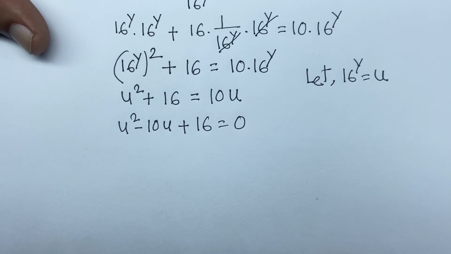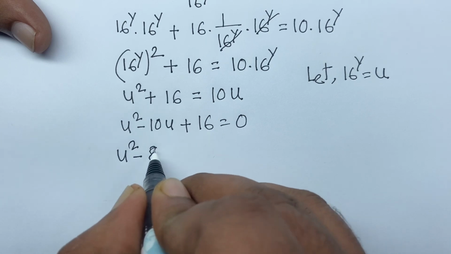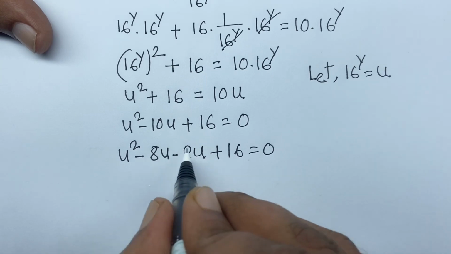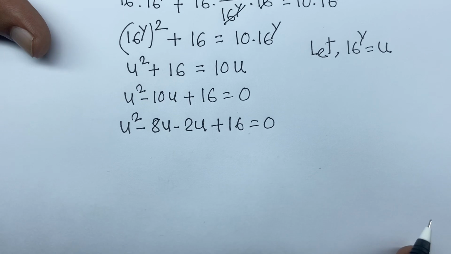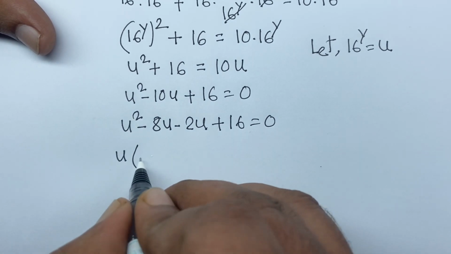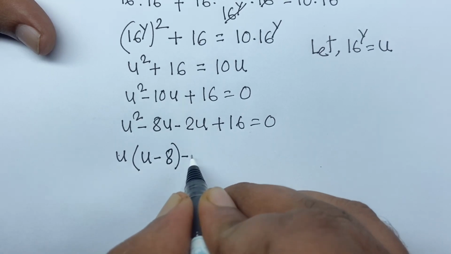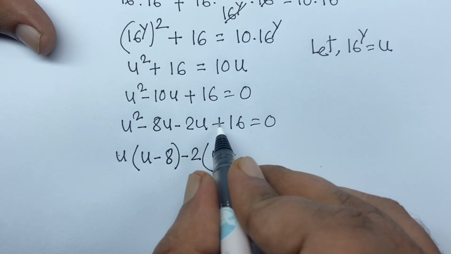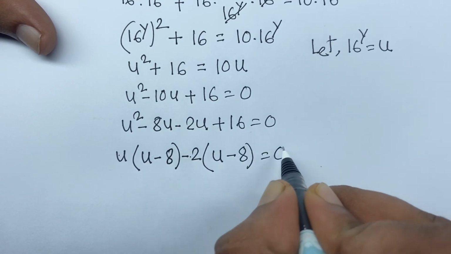I do middle factor, so I can see it will be u² - 8u - 2u + 16 = 0. 2 times 8 is 16, minus 8 minus 2 is minus 10. Then in this case u is common, so u(u - 8) - 2(u - 8) = 0.